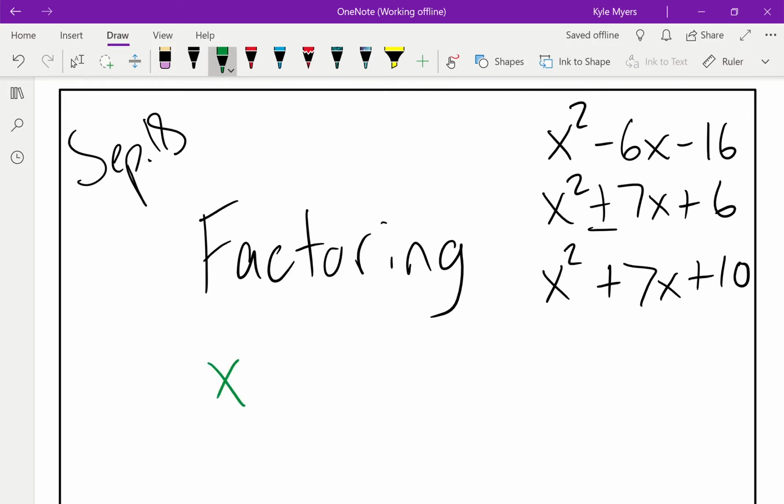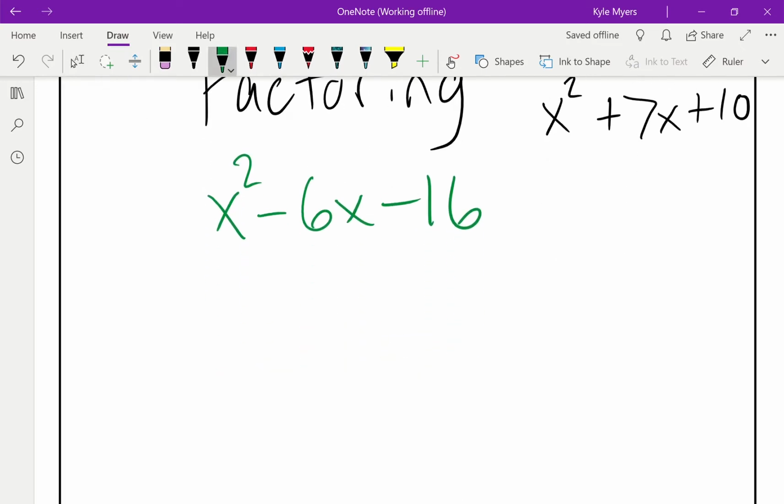So let's do this. X squared minus 6x minus 16. I want to factor it. In order to factor it, I have to find 2 factors of 16 that give me 6. So 1 and 16, that could work, or not, because 16 and 1, if I subtract, give me 15. So it's not going to work.